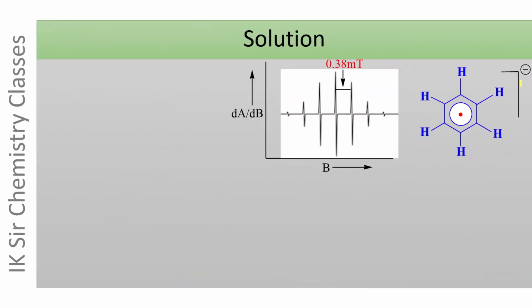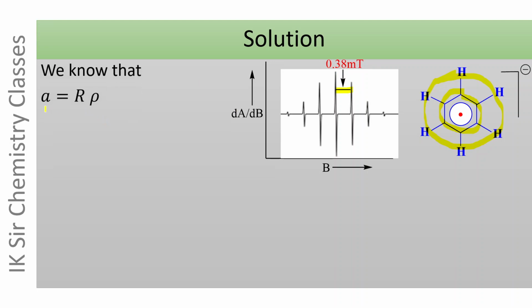It is benzene radical anion. It has one unpaired electron which spends time around all the 6 carbon atoms and 6 hydrogen atoms. It is its ESR spectrum in which the separation between two consecutive hyperfine lines is 0.38 millitesla.